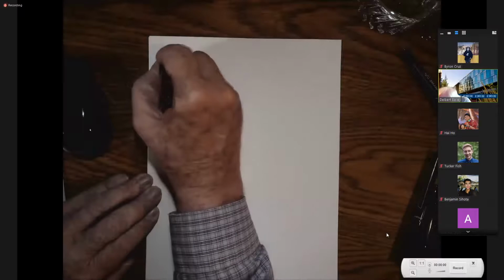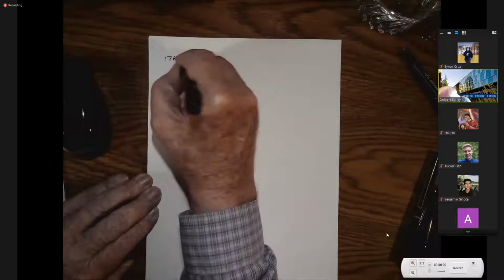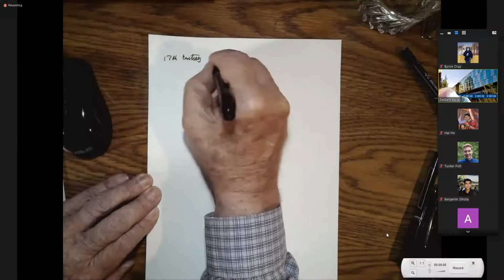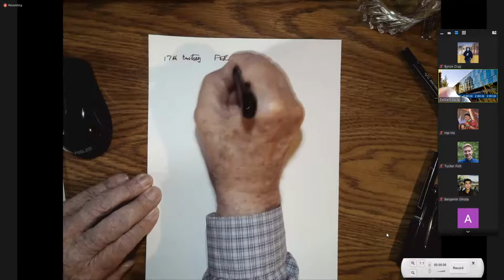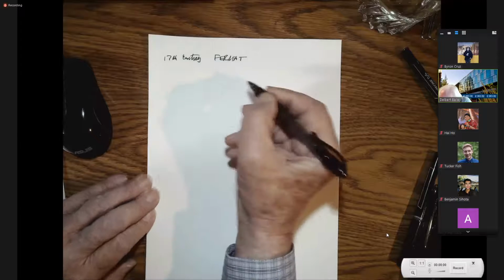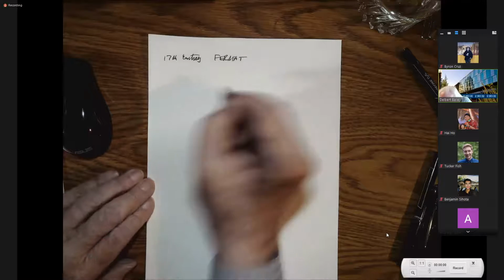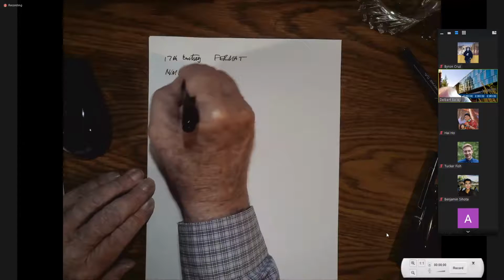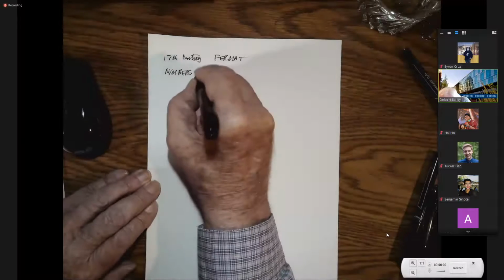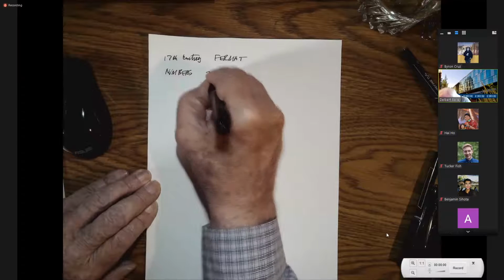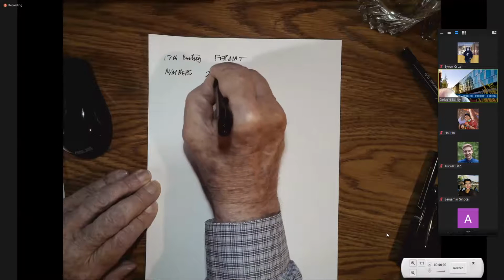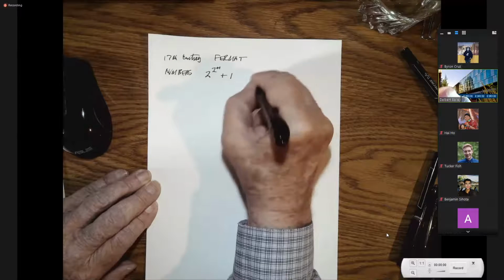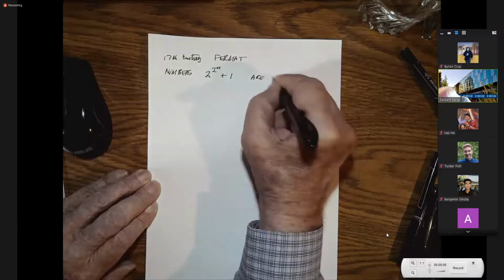In the 17th century, Fermat had an interesting conjecture that numbers that have the special form 2 to the power 2 to the n, plus 1, are primes, that all of these numbers are prime.